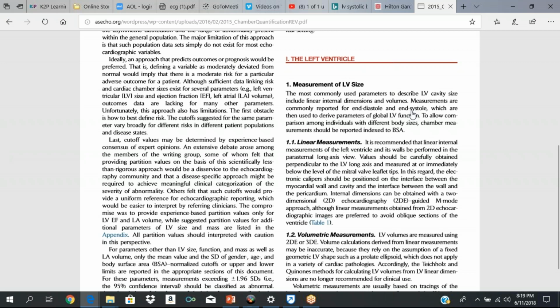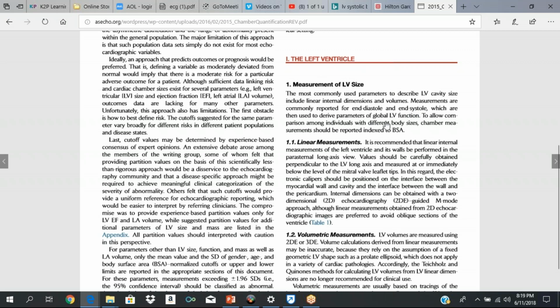The systolic measurements, using the parasternal long axis, are the left ventricular outflow tract diameter, the LVOT diameter, the left atrial size or dimension, and the LV cavity size in systole. Those are your systolic dimensions.